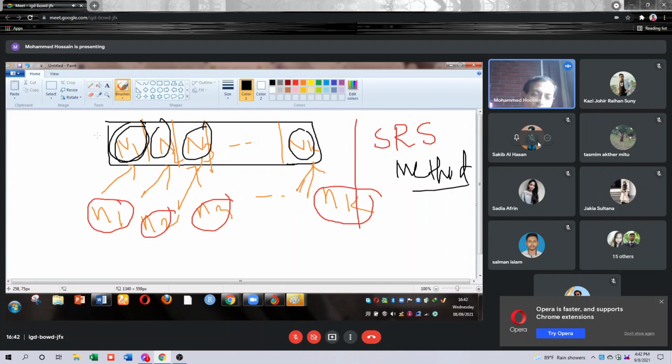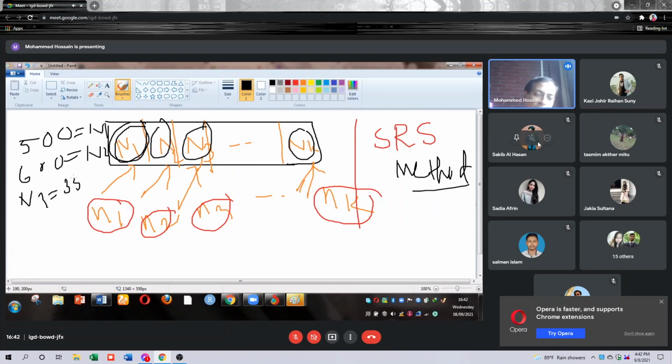That means suppose in N1 there are 500 observations. Suppose N2 has 600 observations. N3 has 350 observations.